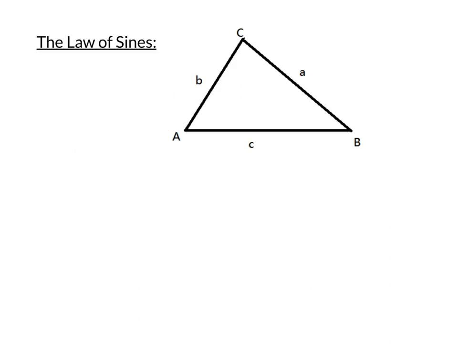The second topic that I want to look at is what's called the law of sines. There's a special relationship that happens in any triangle that compares the angle with its opposite side.